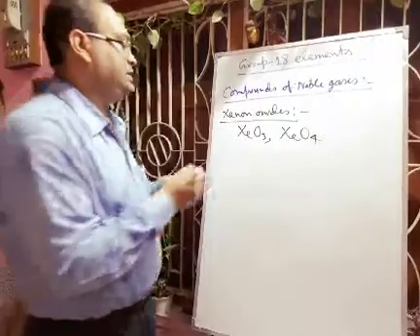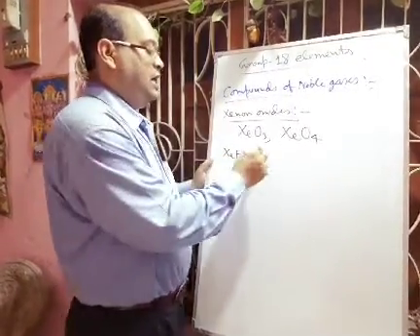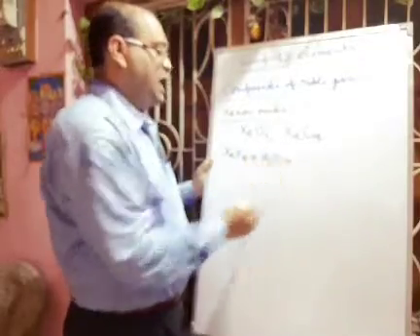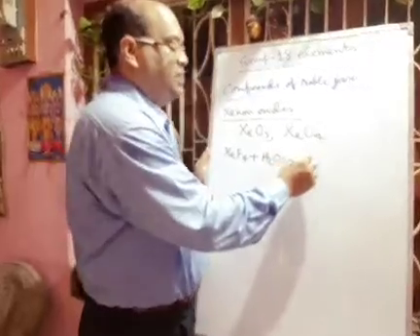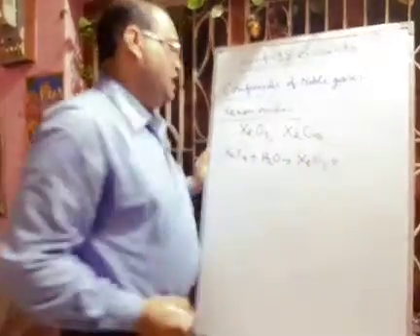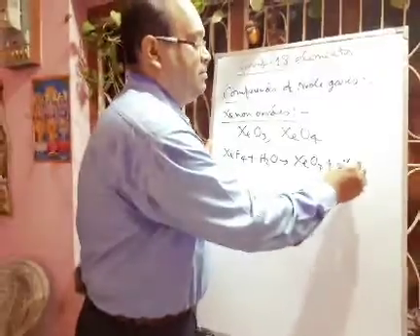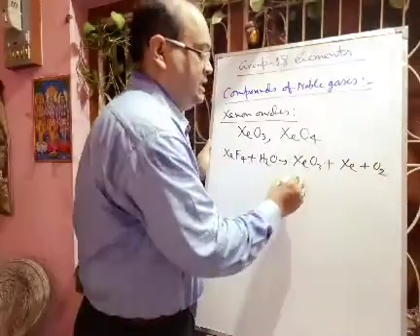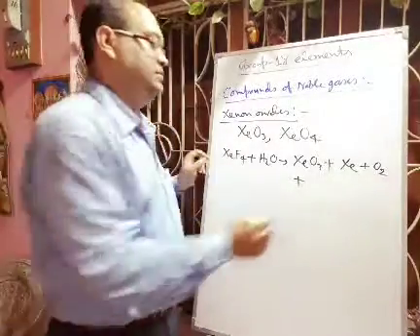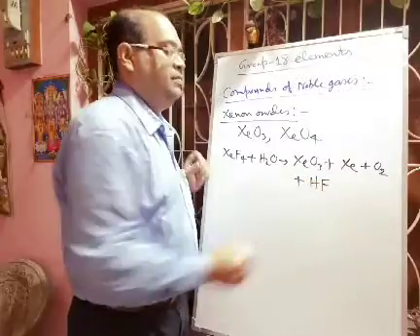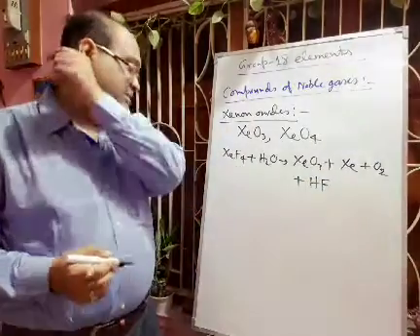So you have to take XeF4 and add water. The hydrolysis of XeF4 will give you xenon trioxide, and there will be formation of xenon, formation of oxygen, and also formation of hydrofluoric acid. Now you have to balance this equation.